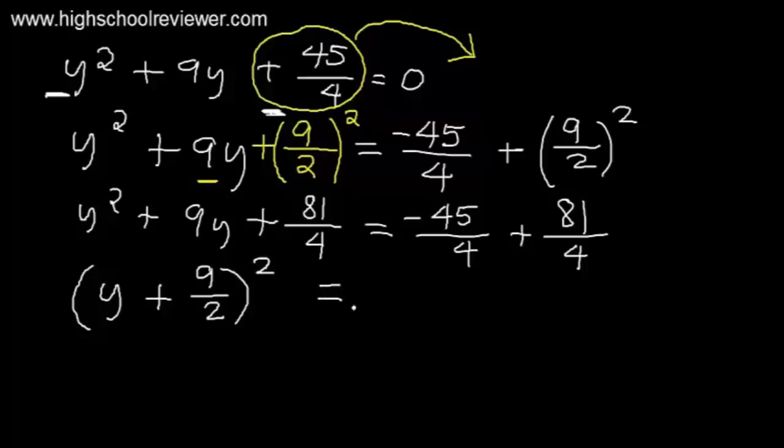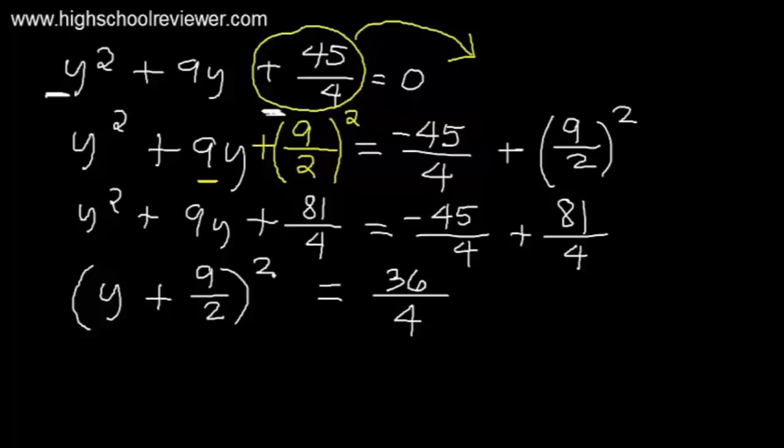And this will be equal to, now since they have the same denominator, just copy the denominator, and then negative 45 plus 81, this will give us positive 36. So this will be positive 36 all over 4.